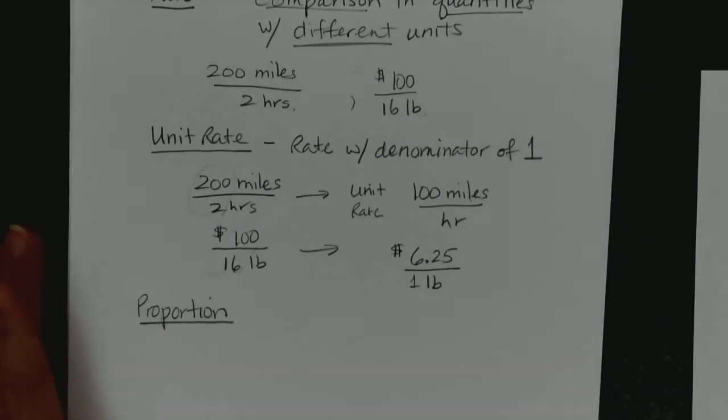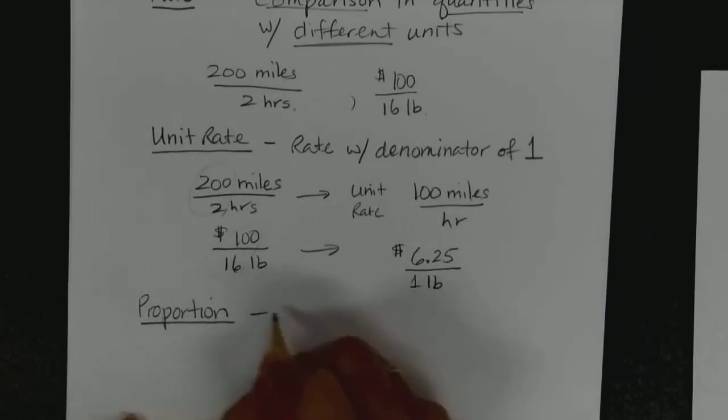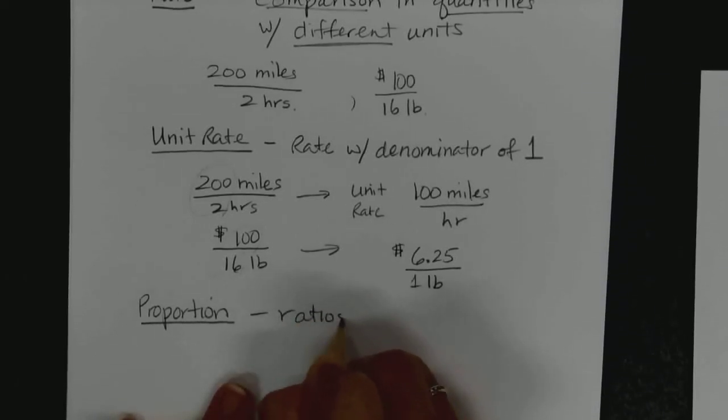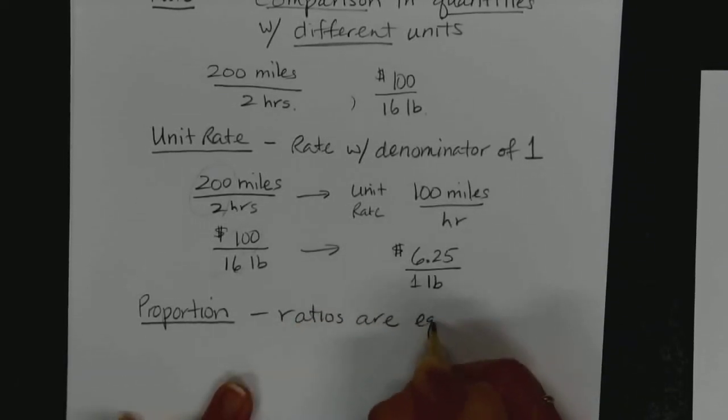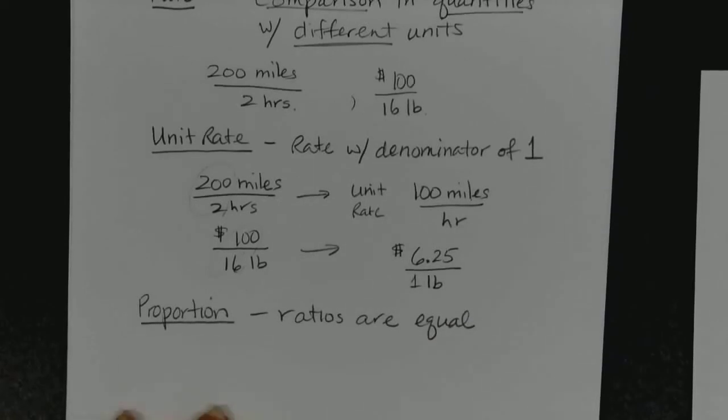Equal. So when ratios are equal, they're called proportions, right? When they're equal, we call them proportional. So proportion is when ratios are equal.